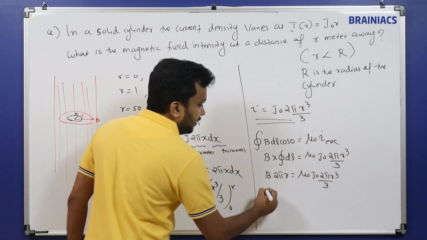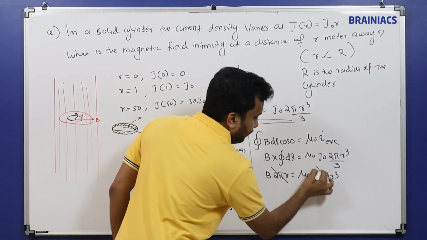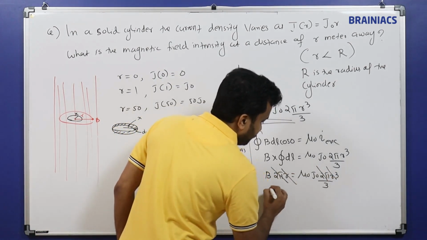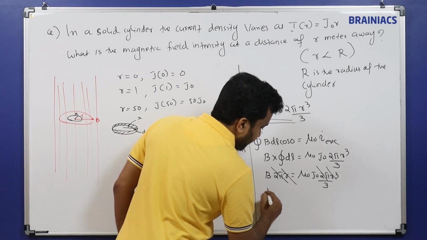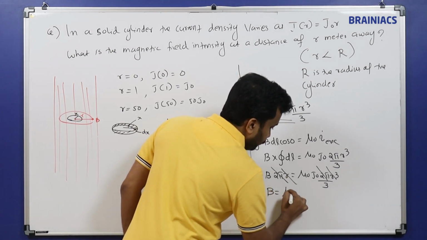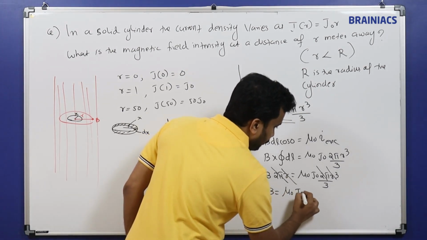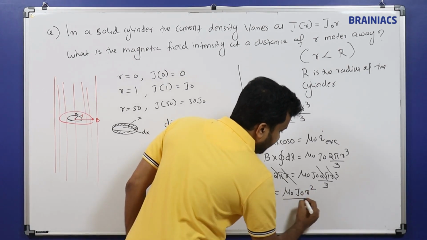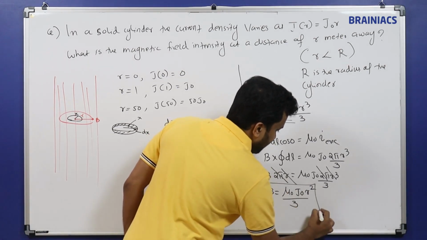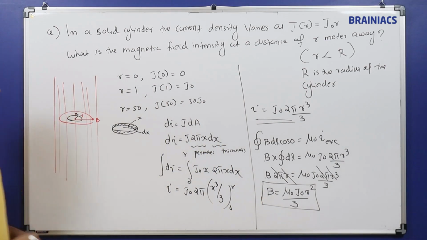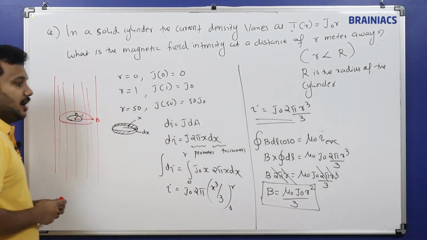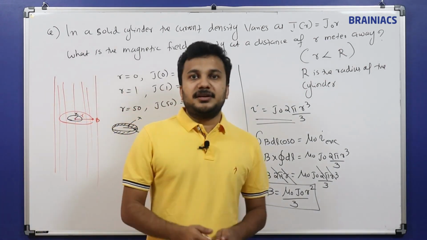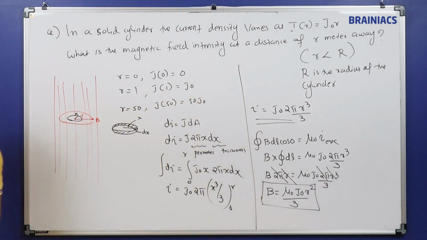R and r get cancelled. 2 pi cancel, r cancel, r cancel. So B is equal to mu 0 J naught r square by 3. This is the answer for this question. Mu 0 J naught r square divided by 3. This is the magnetic field intensity.